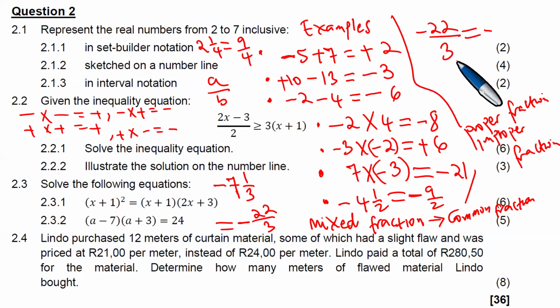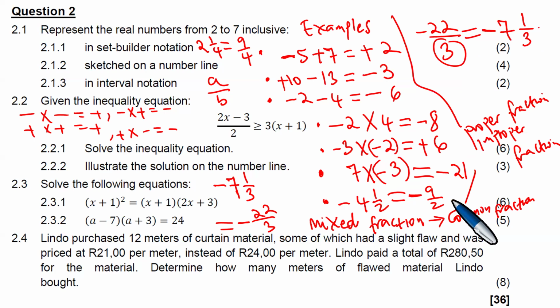It goes 7 times, because 3 goes into 21 seven times. And then the remainder is 1 out of 3, so 1 over that number. That is what we have.